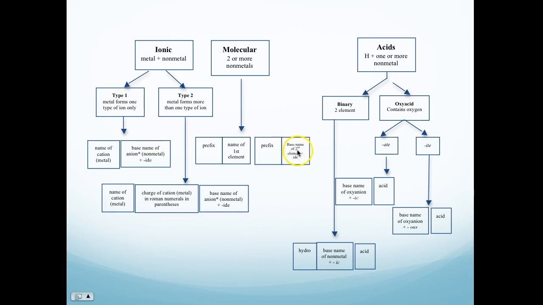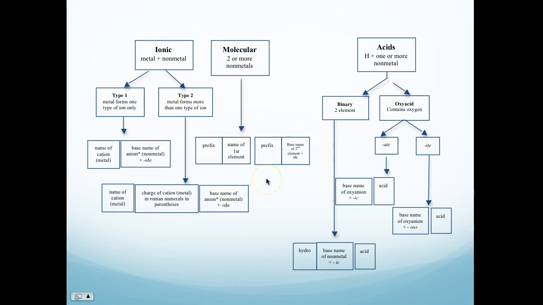So base name of the second element, just like we did for the ionic compounds, we're going to drop the ending and add IDE. So if it's oxygen, it would be ox for the base name, and then ide is what we add at the end. Notice that it's not monooxide. Okay, if you have 2 vowels next to each other, you drop 1, so it becomes monoxide. Okay, so it'd be dinitrogen monoxide.